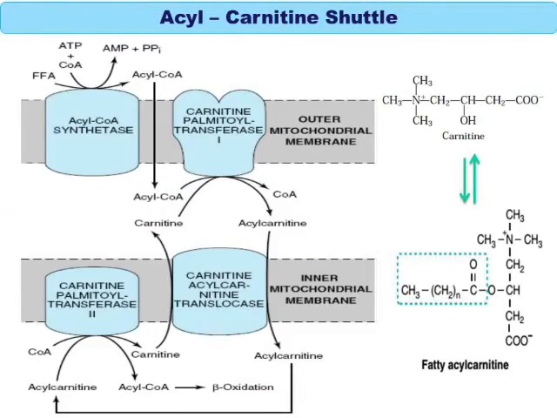Carnitine, or beta-hydroxy gamma-trimethylammonium butyrate, forms an oxygen ester linkage between its hydroxyl group and the fatty acyl group of fatty acyl coenzyme A. Carnitine-acylcarnitine translocase, present in the inner mitochondrial membrane, is an integral protein and an antiporter, which transports acylcarnitine inside the inner mitochondrial matrix and transports out the same mole of carnitine.